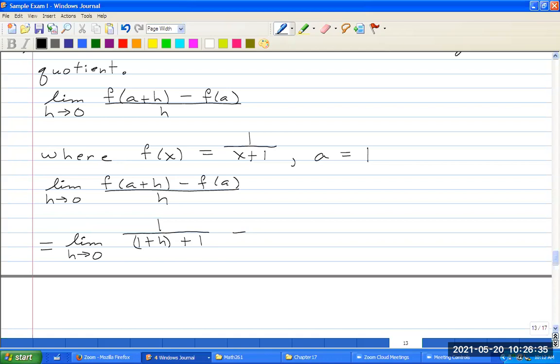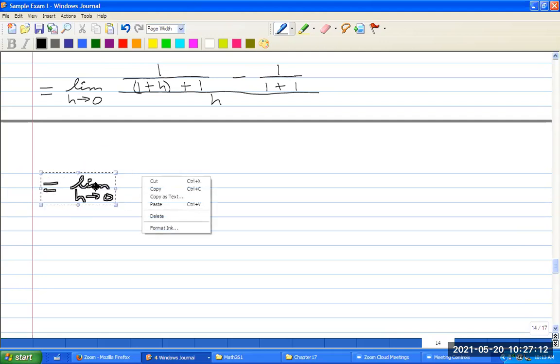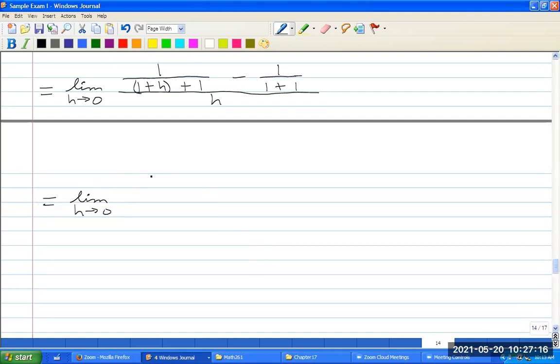So let's determine f at 1. We replace x here by 1: 1 over 1 plus 1, all divided by h. Okay, so the limit as h approaches 0 of 1 over h plus 2 minus 1 over 2, all divided by h.